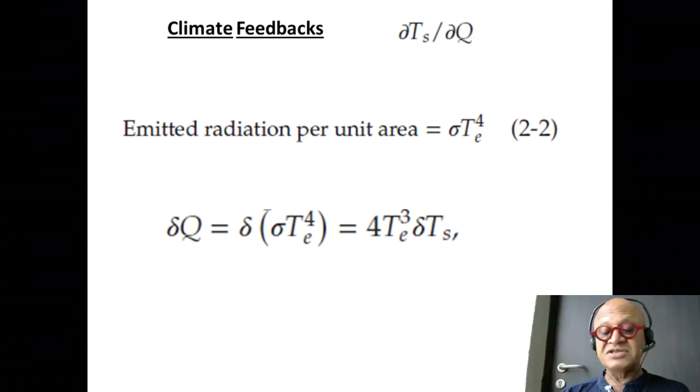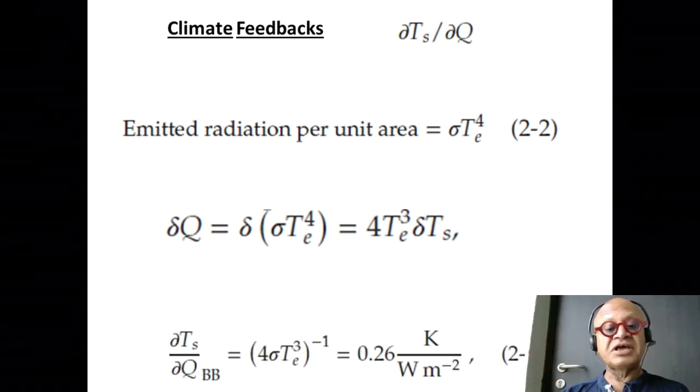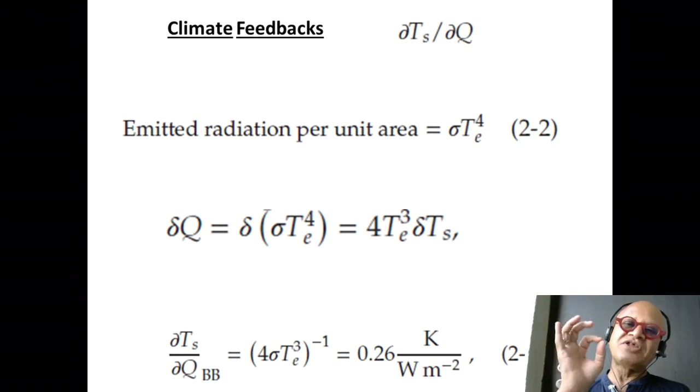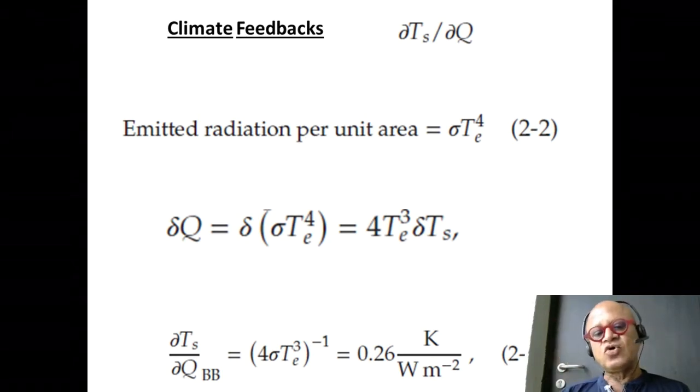Another simplifying assumption, but it doesn't matter because we can plug in the numbers and get a sensitivity of temperature change with respect to perturbation in just the blackbody radiation balance of only 0.26 Kelvin per watt per meter squared. That is a little too small.